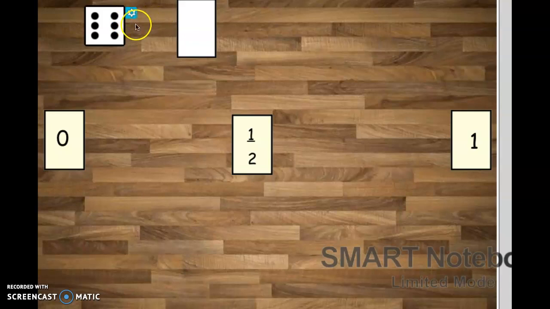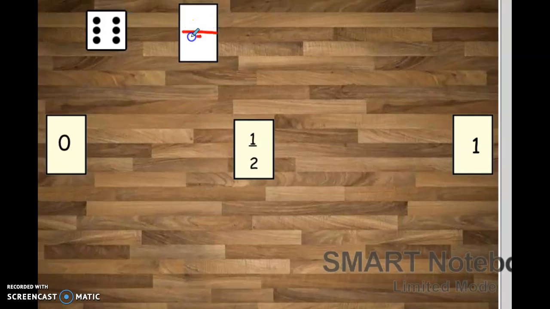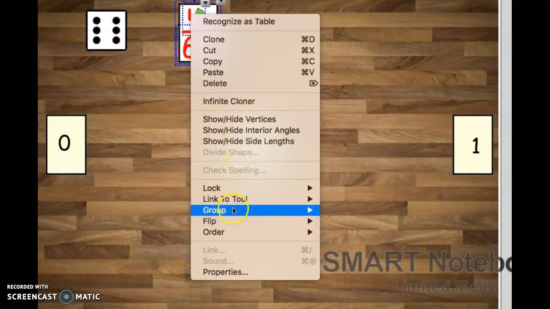Then you're going to use those two numbers to make your fraction. The greater number should be your denominator. 6 is greater than 4, so that's going to be my denominator, and my other roll was a 4, so that's going to be my numerator. You will also write this on a new card or piece of paper.